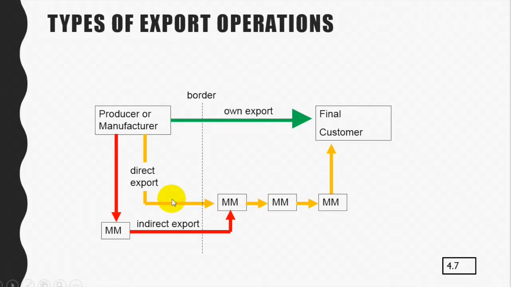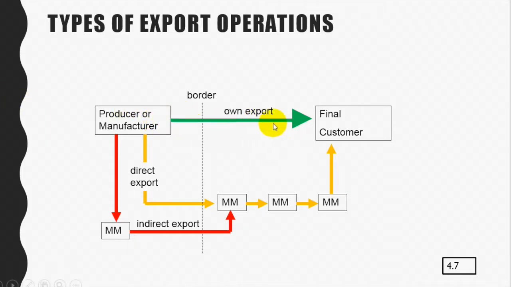Then in direct export, you are also using middlemen, intermediaries, companies that are helping you, but they are in the foreign country. So not in your own home country anymore, but in the foreign country, at the new market. There might be just one middleman, but there might also be more than one. And then we have own export.